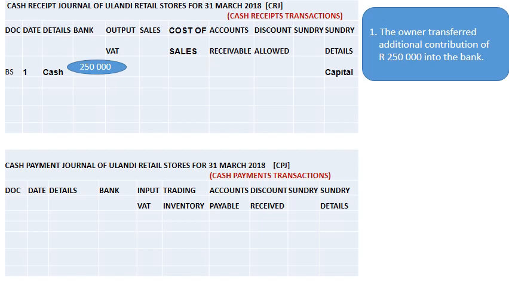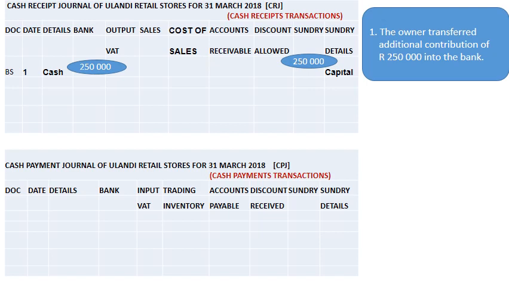Therefore, it does not qualify for VAT. Then it will be directly shown under the sundry column because it's only a transaction that will take place once in a while. And the details of this transaction will be capital. Why? When owner contributes cash into the business, we said contribution of owner in our books will be recorded as capital.